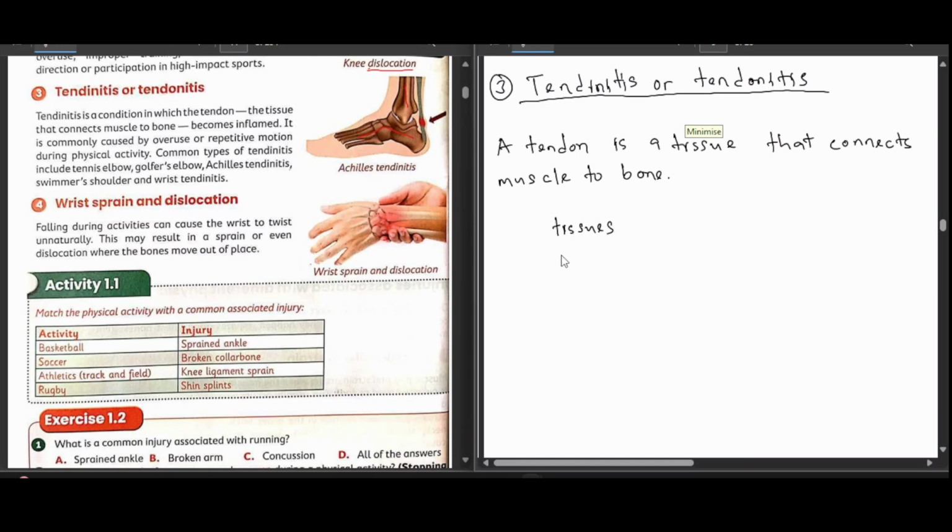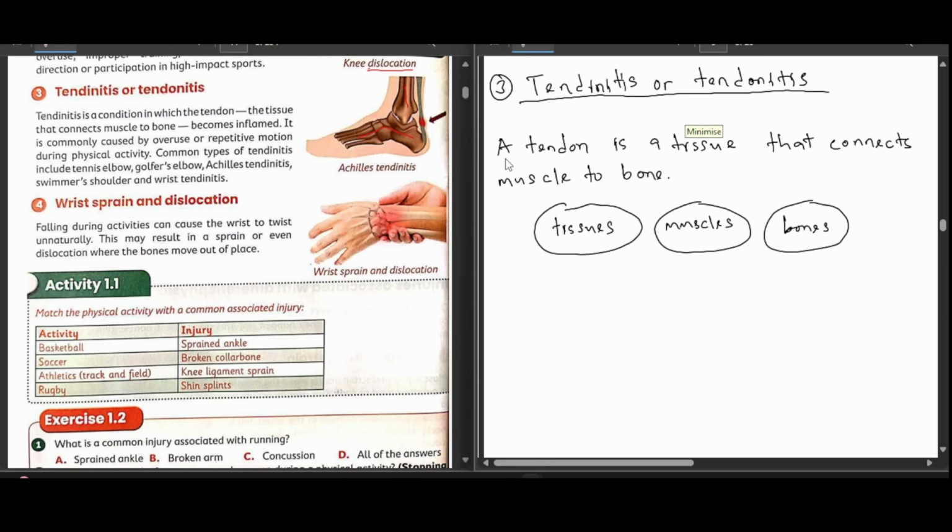I want to give you this as research. We are then going to have muscles. And lastly, we have bones. You have to know the differences between these things. So a tendon is a tissue that connects muscles to bones.